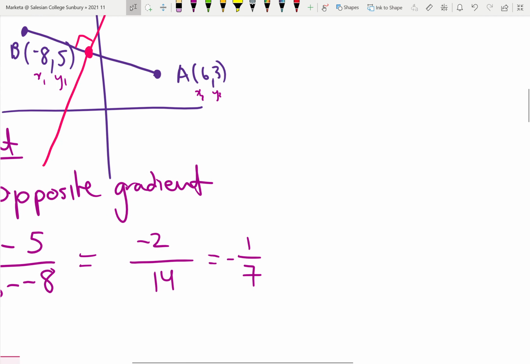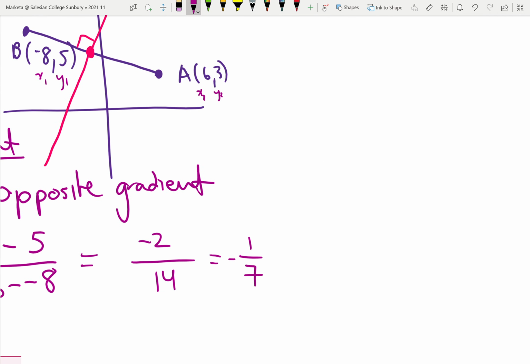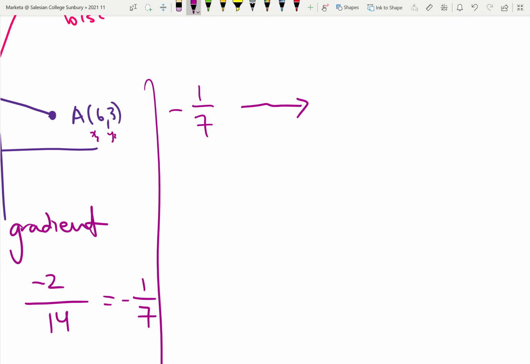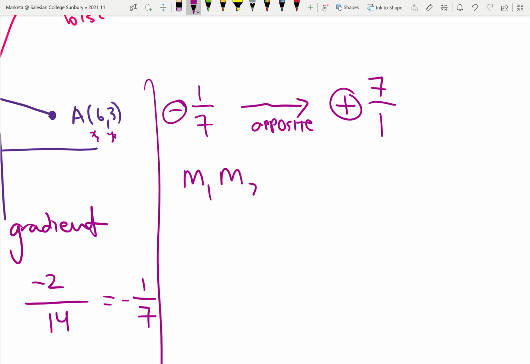So our gradient of AB is negative 1/7, and that's fine, but now we need to find the opposite gradient. So I'm just going to scroll over here a little bit. So negative 1/7, and we're going to be turning that opposite. So we flip it, and we change the sign. So you could also use m1 times m2 equals negative 1, and you could solve for the perpendicular gradient.